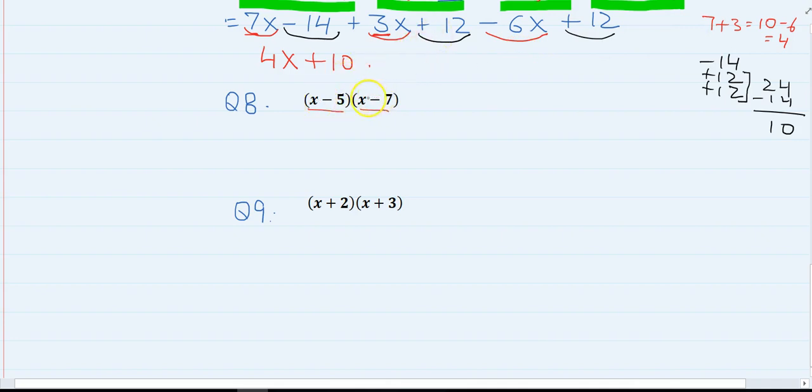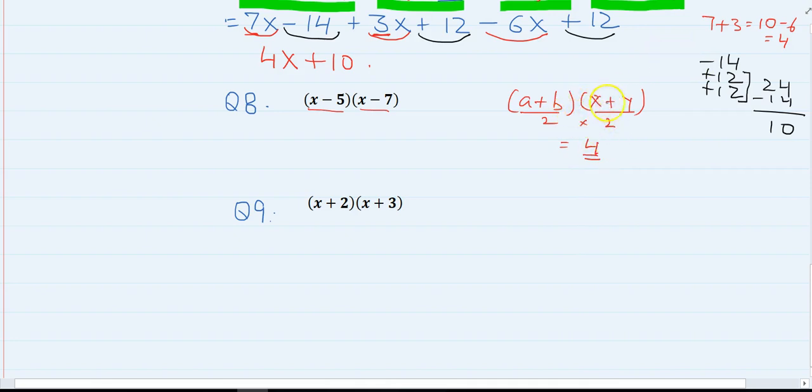In this kind of question, when we have 2 terms in the bracket and we have to multiply another 2 terms in the bracket, we have 2 terms here and 2 terms here. 2 times 2 is 4. So we will be having 4 terms in our second step, unless we combine the like terms.